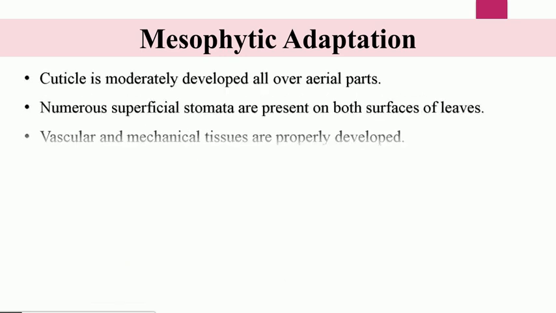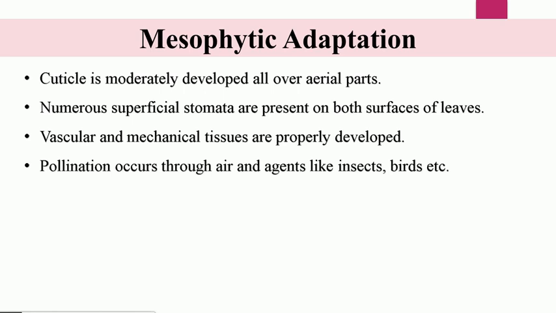The cuticle is moderately developed all over the aerial parts of the plant. The numerous superficial stomata are present on both surfaces of leaves. The vascular and mechanical tissues are properly developed to withstand the load of the plant itself and to help conduction in the plant.